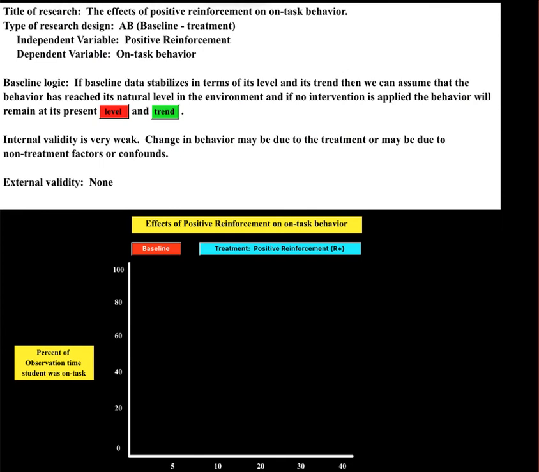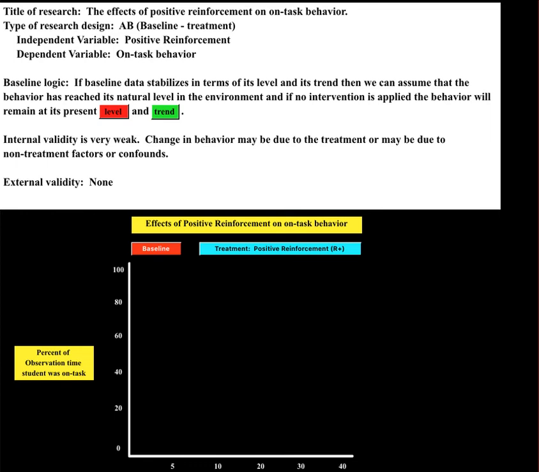If you look at the top of the screen, you'll see the title of a hypothetical research study. So the title, The Effects of Positive Reinforcement on On-Task Behavior. Next, underneath that, is the type of research design, and in this case, it's referred to as an AB design. And by the way, the A in an AB design refers to baseline condition.